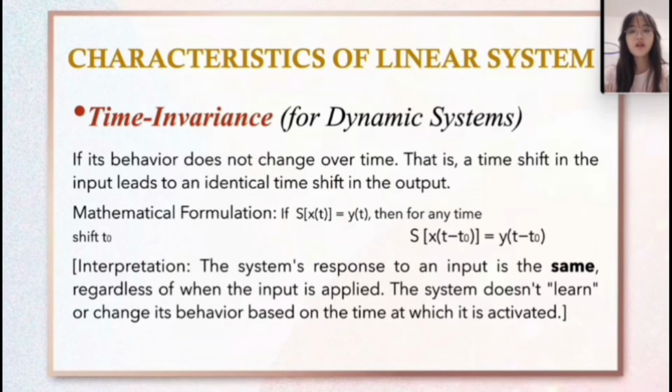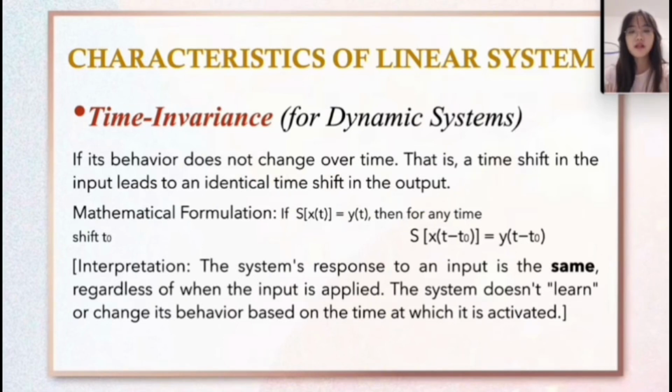time invariance is the characteristic of dynamic systems. If its behavior does not change over time, that is, a time shift in the input leads to an identical time shift in the output.